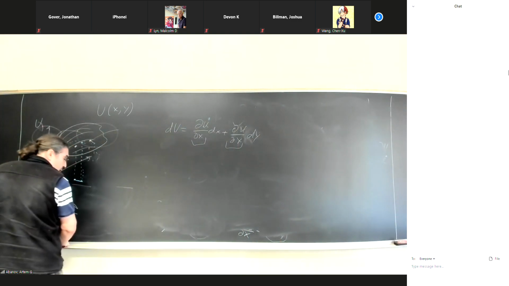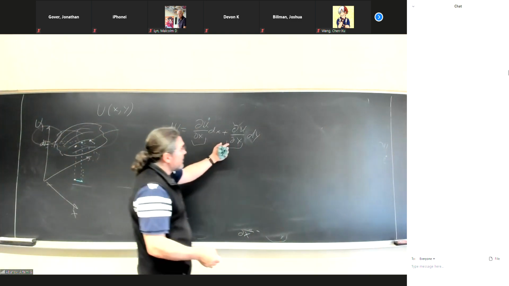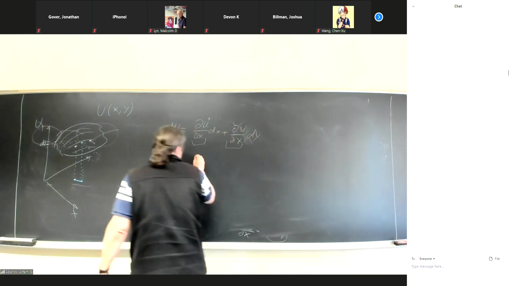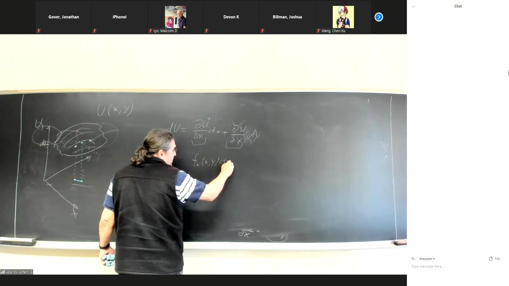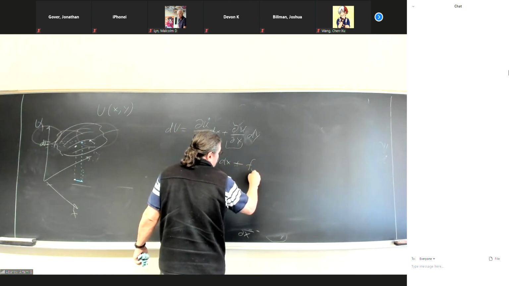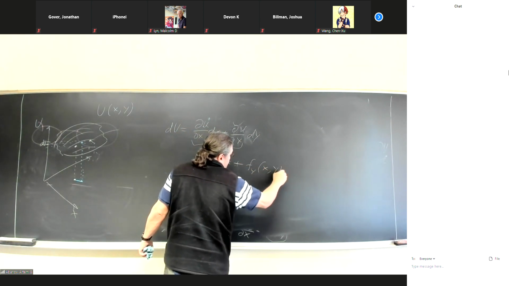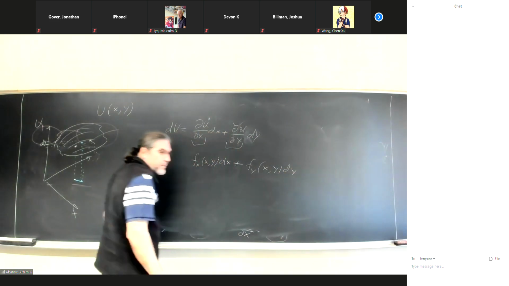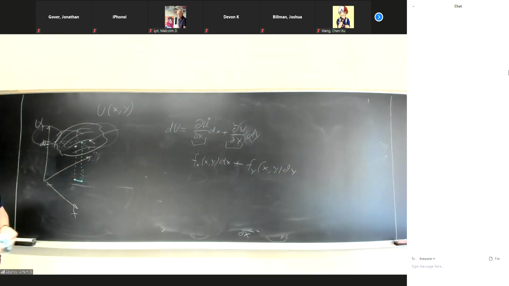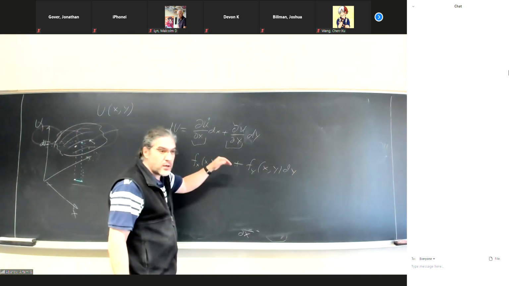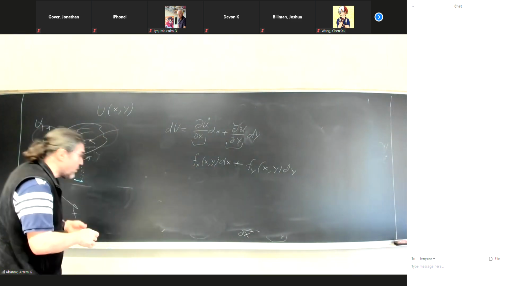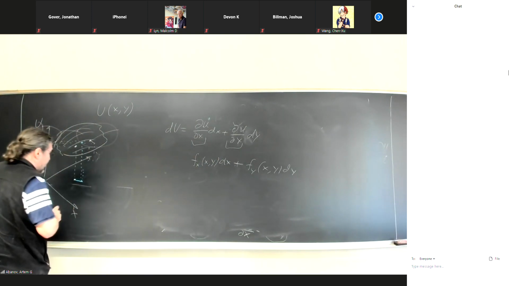Now let's consider a form which is f_x(x,y) dx plus f_y(x,y) dy. So we consider this form and we treat it exactly the same way. Let's imagine that we start with some point.